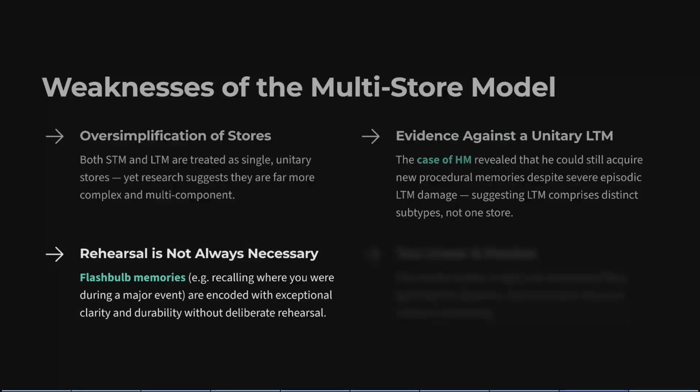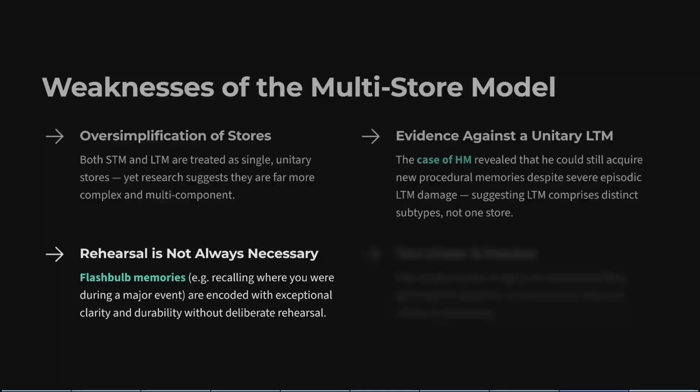The model places enormous emphasis on rehearsal as the mechanism for long-term memory transfer, but we know from experience and research that rehearsal is not always necessary. There are flashbulb memories, which are the clearest example. These are vivid, detailed memories of the moment you hear about a personally significant or emotionally shocking event.